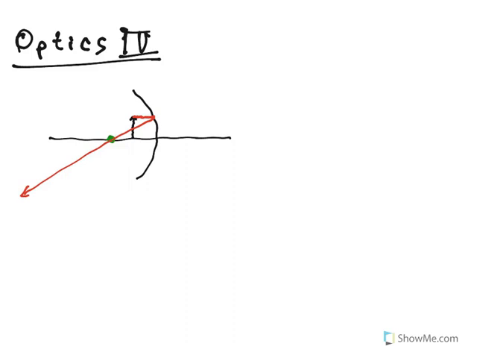The other line I can draw, I can't go through the focal point because I'm already past it, so I have to do the third line, which is the one that goes to the center of the mirror and then reflects back at the same angle. So here's this, and back at the same angle again, and there's that line. And so this is the ray tracing.